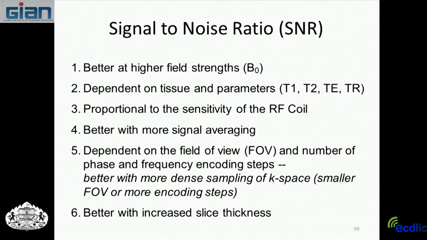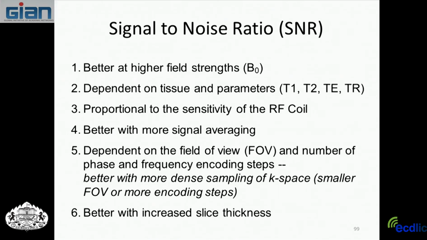The signal to noise ratio is also dependent on the tissue type and the parameters that we're going to use. T2, TE, and TR are the parameters that we can select. T1 and T2 are inherent to what type of tissue you're looking at. The sensitivity of the RF coil also helps determine how much noise is in the image. And as we saw yesterday with the ERP data, you get better signal with more signal averaging.